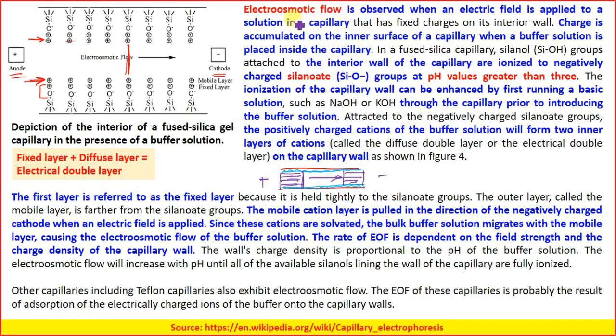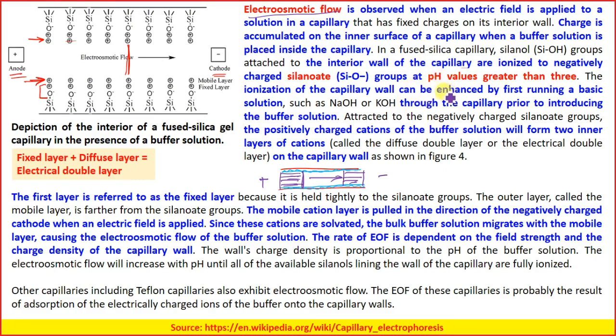It has been explained over here. Electroosmotic flow is observed when an electric field is applied to a solution in a capillary that has fixed charges on its interior wall. Charge is accumulated on the inner surface of the capillary when a buffer is placed inside it. In a fused silica capillary, silanol groups attached to the interior wall are ionized to negatively charged silanoate groups at pH values greater than 3.